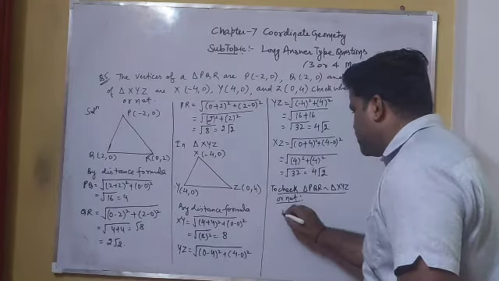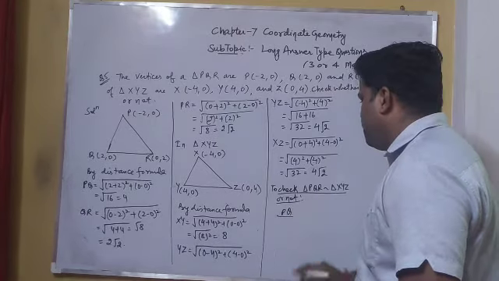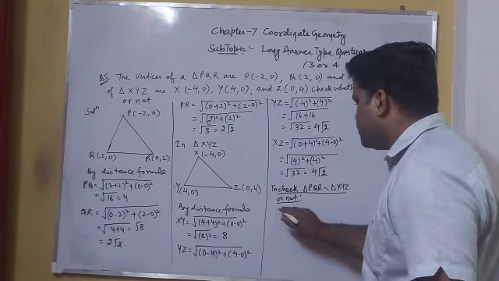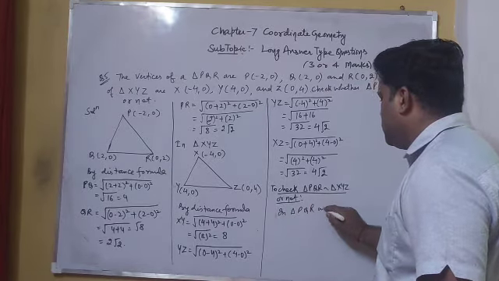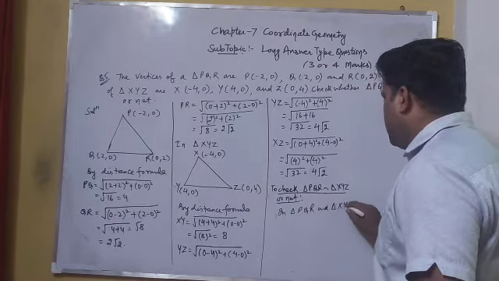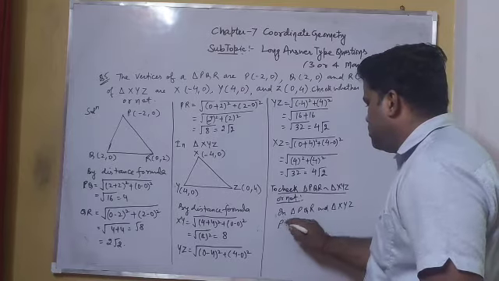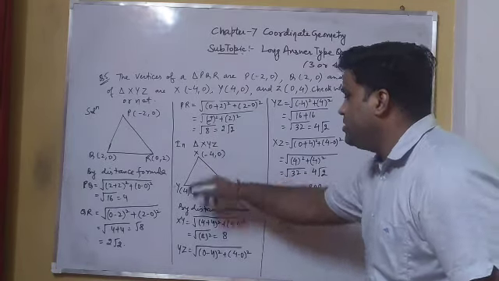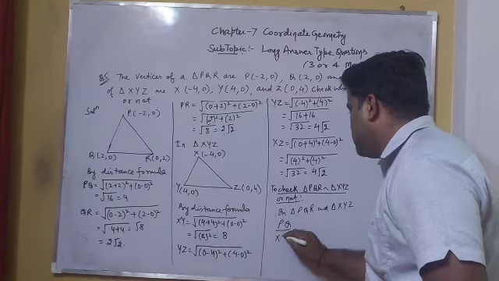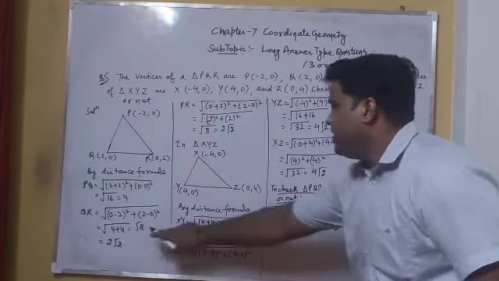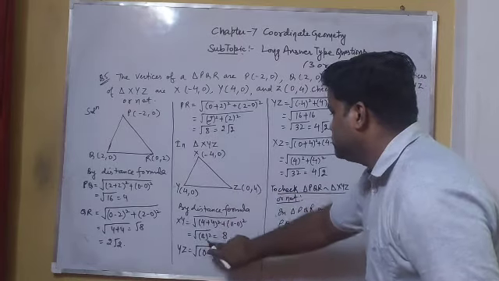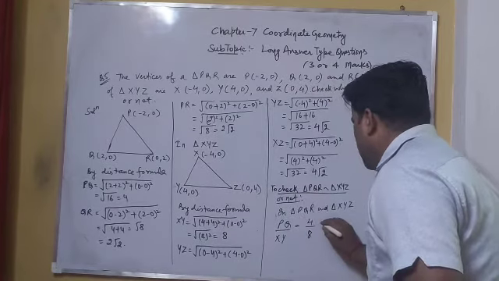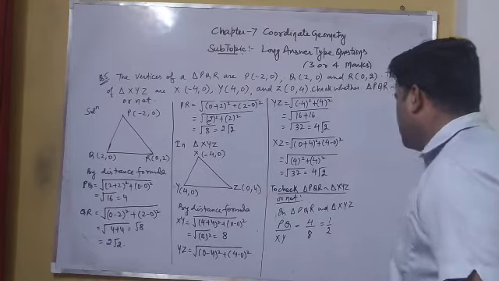So first of all, in triangles PQR and XYZ, the ratio of corresponding sides PQ by XY: here PQ is 4 and XY is 8, so we get 1 upon 2.